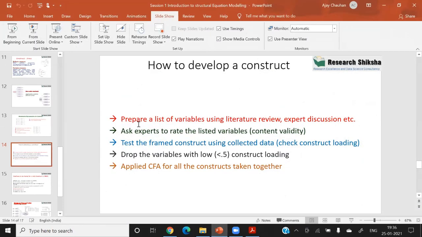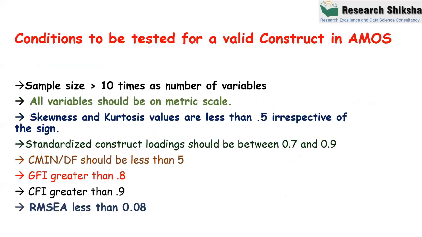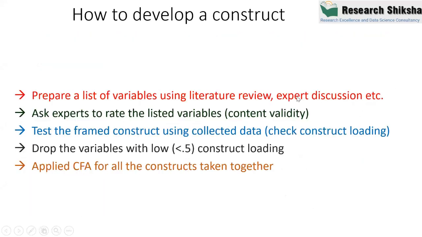So prepare a list of variables using the literature review or by discussing with the experts. In some cases, you can add statements on the basis of the expert discussion, and ask experts to rate the listed variables. Sometimes we ask the expert whether we could add these variables or not. This process is known as content validity, because the expert can help you identify whether the variables are important or not.